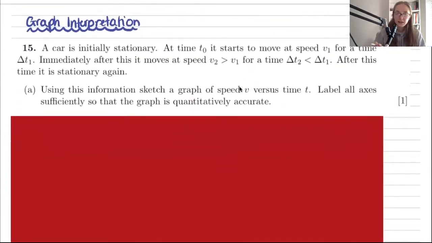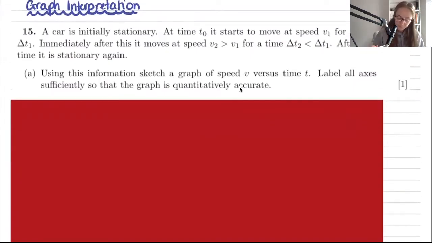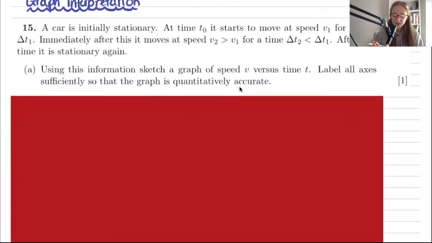Okay, so our next section is on graph interpretation. And some of these questions can be really, really tricky. But if I remember correctly, I don't think this question was too bad to start with. So a car is initially stationary. At time t0, it starts to move at a speed v1 for a time delta t1.